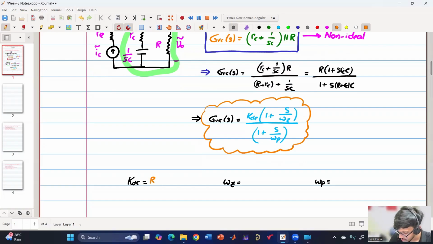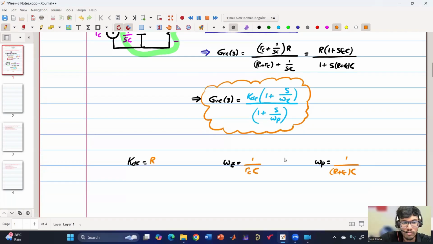And omega Z? 1 by small rc into C. Yeah, very good. Omega P? 1 by capital R plus small rc into C.